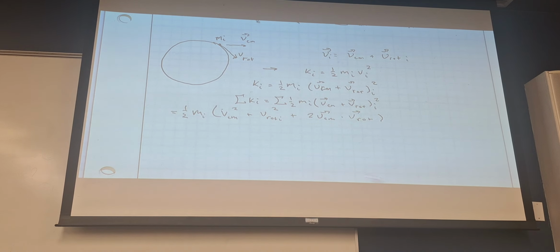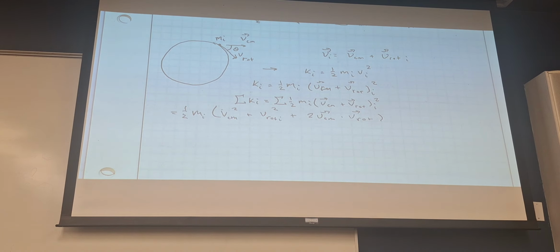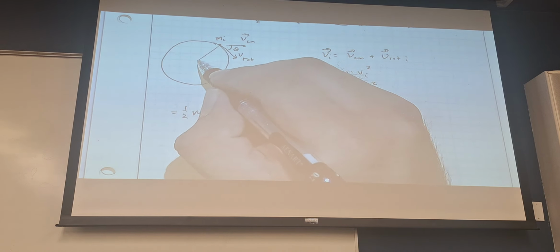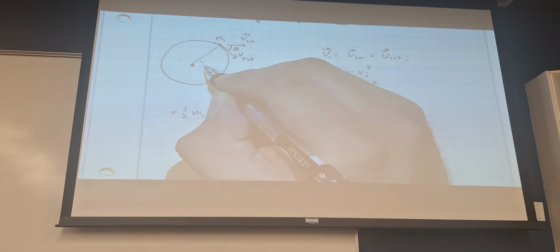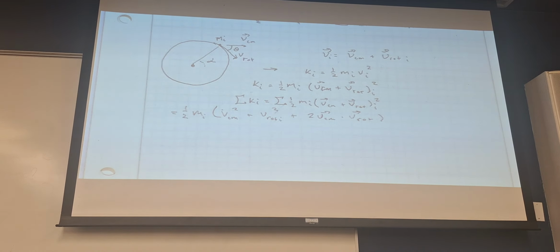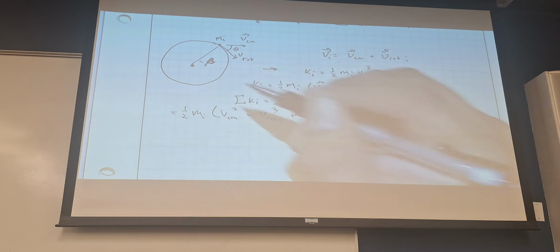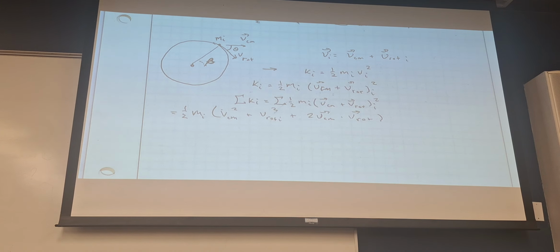And now I'm going to draw this angle here, I'm just going to call this angle theta. Notice that this theta is not the same as this. Let's call this alpha. Actually, no, alpha is used for acceleration. Let's call this beta. So notice theta is not the same as beta, right?